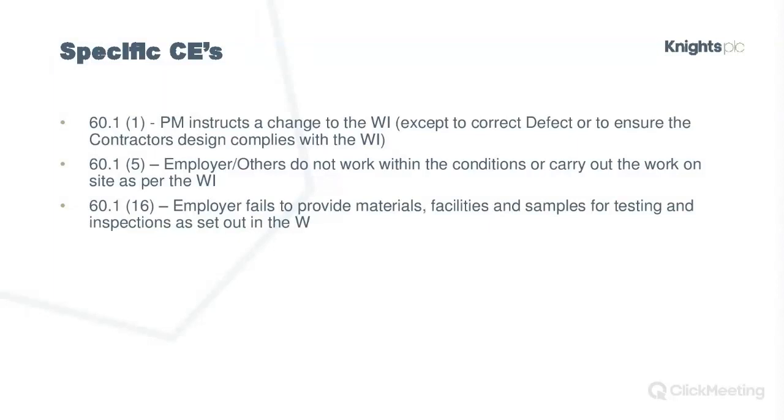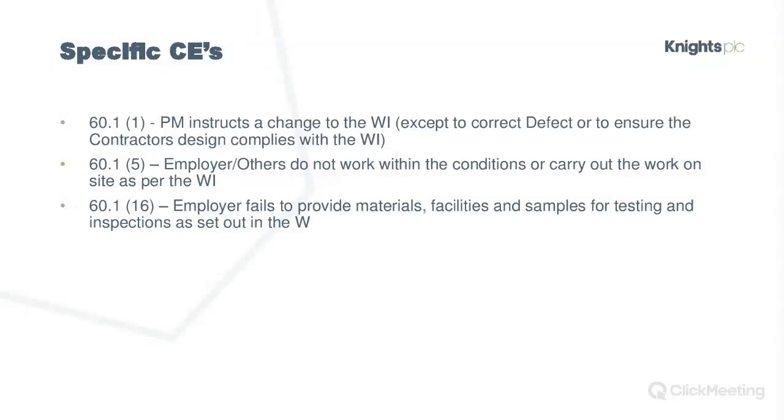Compensation event 60.1.5 is one that we've already seen, about the employer or others not working within the conditions set out in the works information, or carrying out the work on site as set out in the works information.